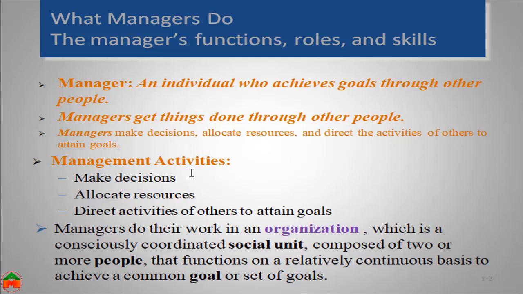That means there are three types of activities of the managers. They should make decisions, they should allocate the resources, and they should direct the activities of others. That means they should provide the instructions, they should motivate the employees, they should instruct the employees to perform their activities to achieve the goals of the organization.